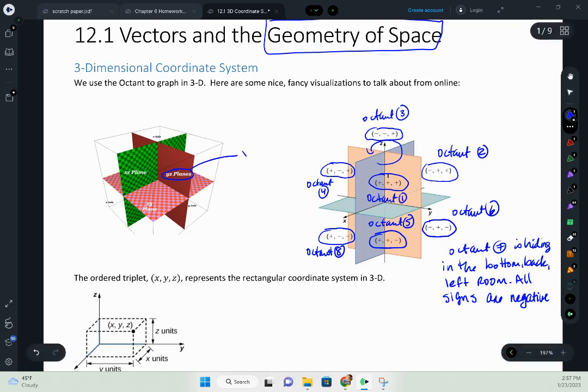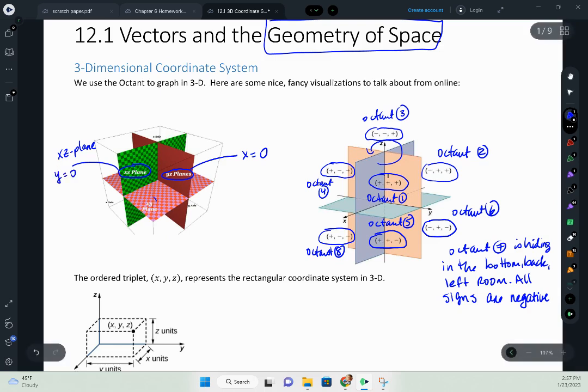On the YZ plane, X is equal to 0. This green checkerboard one is the XZ plane. The XZ plane runs parallel to the x-axis and the z-axis, and on the XZ plane, Y is equal to 0.